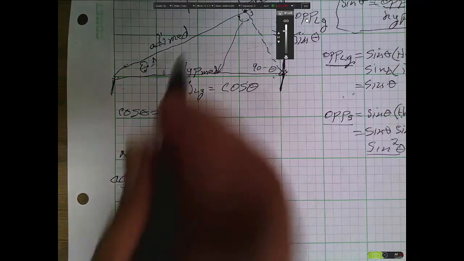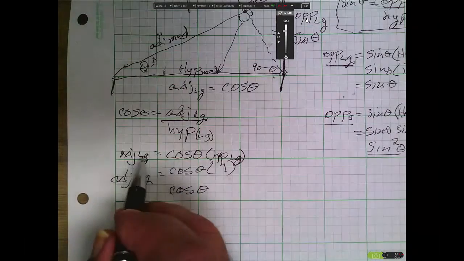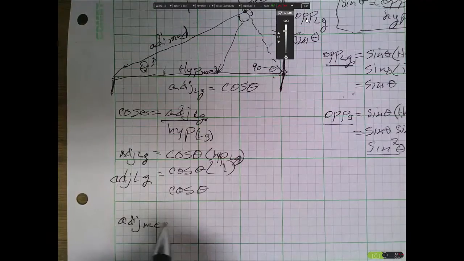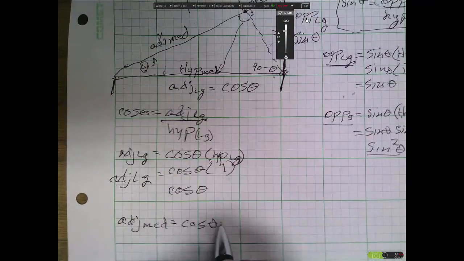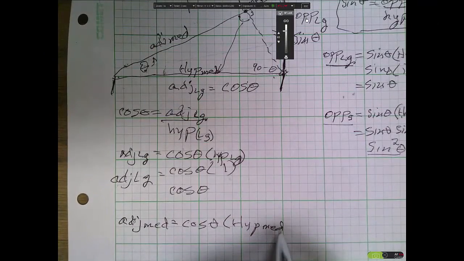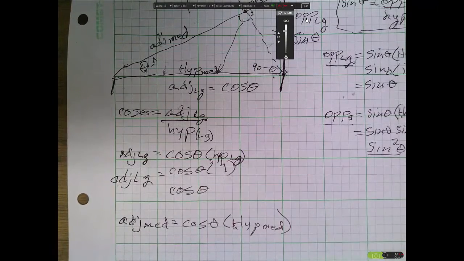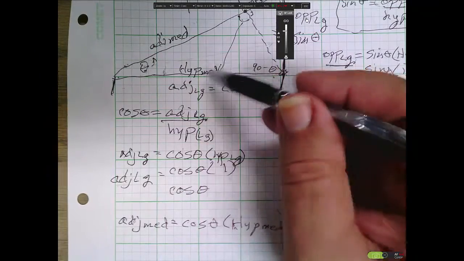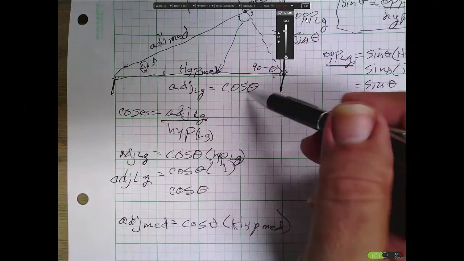Okay, so putting these values into this equation, using this equation again, I'm going to calculate ADJ medium. That's simply the cosine of theta times the length of the hypotenuse medium. We can see that the hypotenuse for the medium-sized triangle is this line segment, and the symbology for its length is cosine of theta.